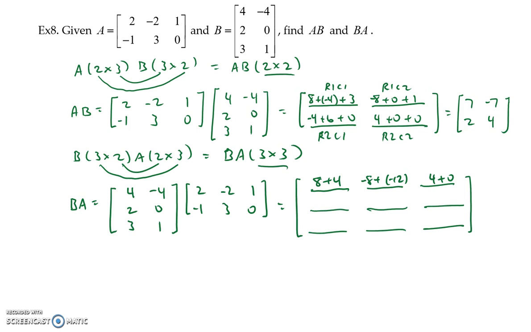Excuse me. Boy, I'm almost out of time. 4 plus 0. Row 2 with column 2, negative 4 plus 0. Row 2 with column 3, 2 plus 0. I'll pause and fill in the rest of them since I'm almost out of time.